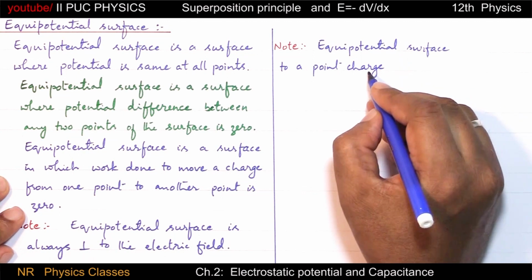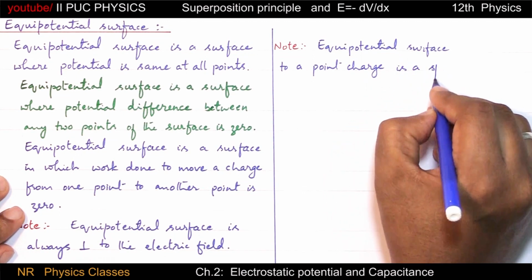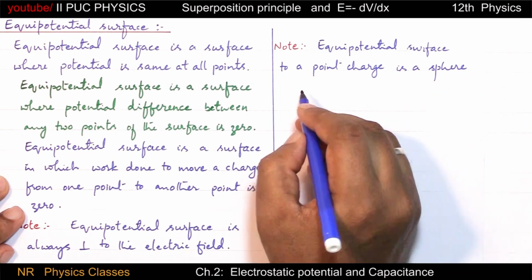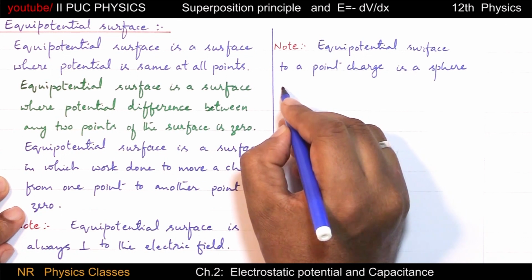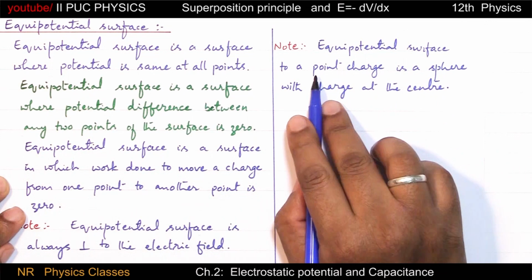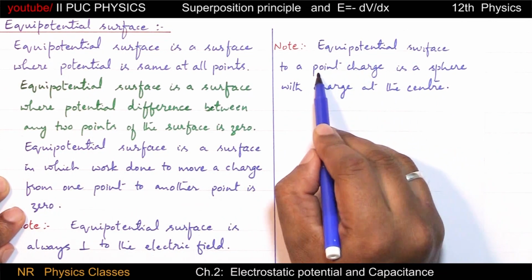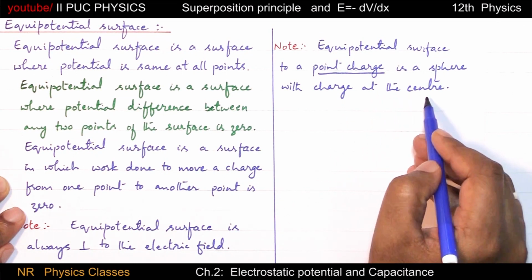The equipotential surface for a point charge is a sphere with the charge at the center.